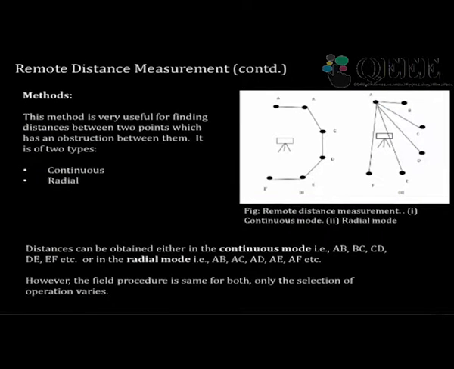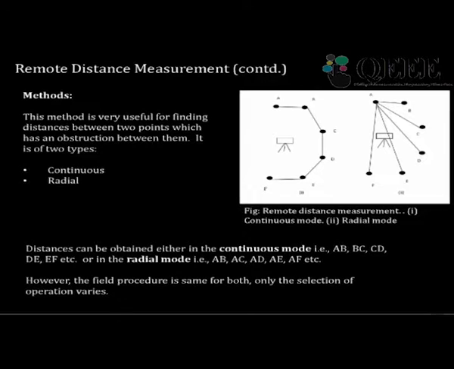In remote distance measurement, there are two different methods available: continuous measurements and radial measurements. It all depends upon the kind of situation we are encountering, so accordingly you can choose the radial option or the continuous option.